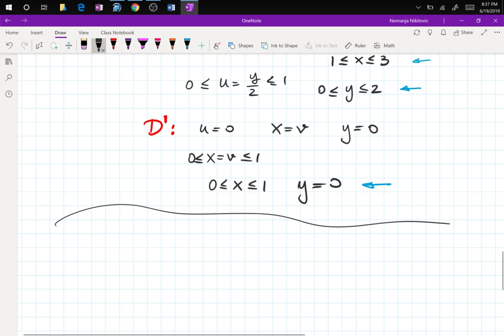Part 2, maybe I should call them part 1, part 2, part 3. I think I use red for part 2, compute Jacobian.